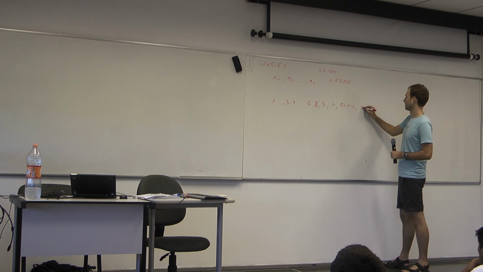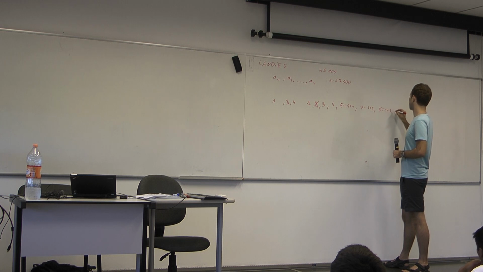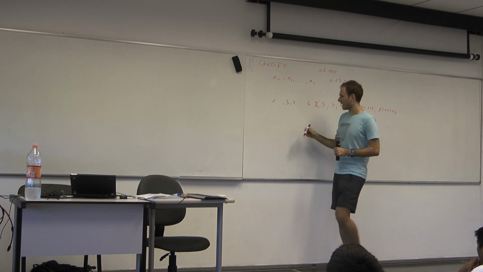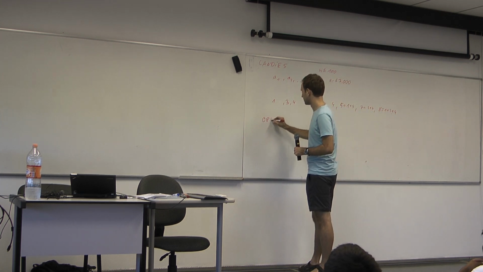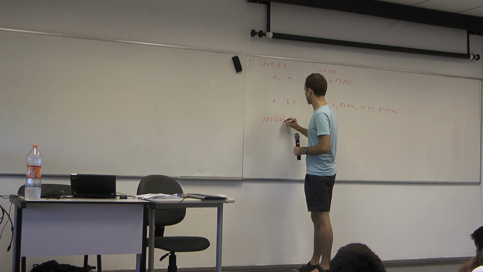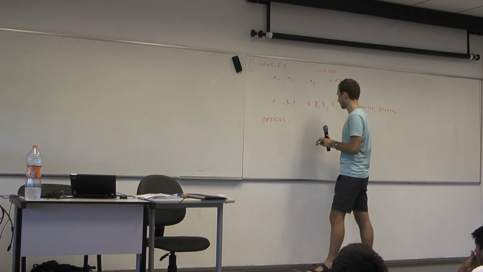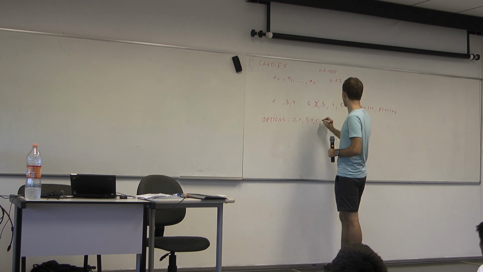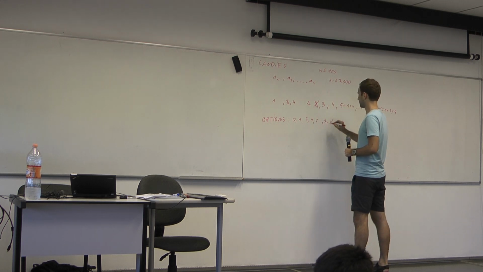With 7, it's 3 plus 4. And with 8, it's 1 plus 3 plus 4. So basically, if we have this set of candies, we have the following set of options. We can give, well, 0, 1, 3, 4, 5, 7, 8.